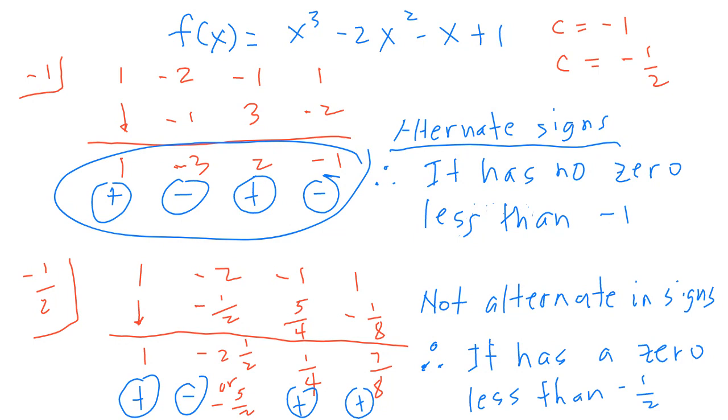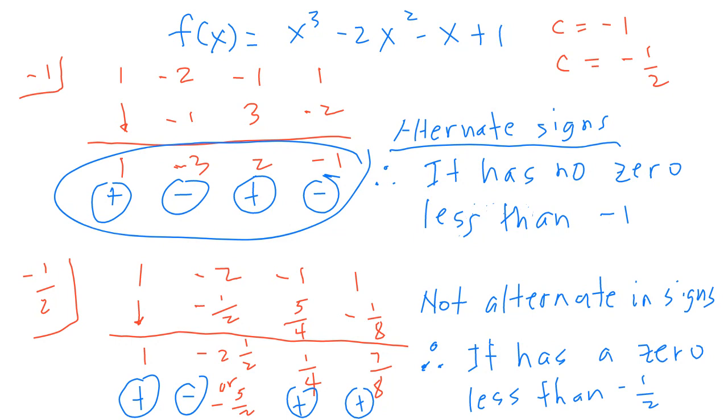We know from the graph that there is a zero in between negative 1 and negative 1/2. So the boundedness theorem actually is true for these four cases that we're trying to show you.